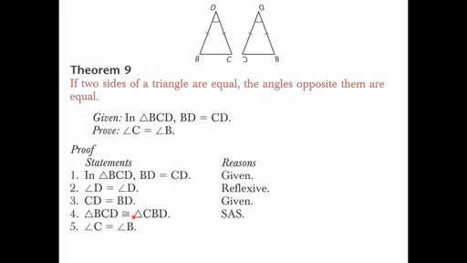Our next step is going to be that angle C equals angle B, and the reason is corresponding parts of congruent triangles are equal. We've also called that CPCTE. Now that's interesting. We're saying that C is equal to B, but this B is exactly the same as this B over here. So we started with two sides equal and we proved that the two angles are equal.